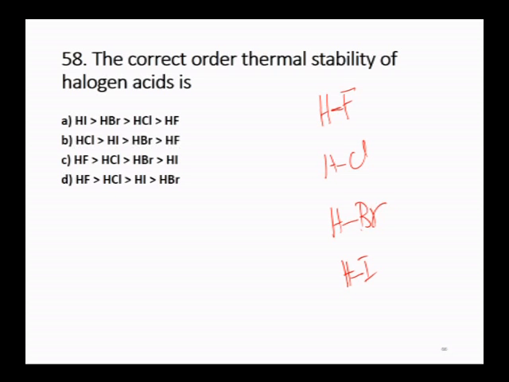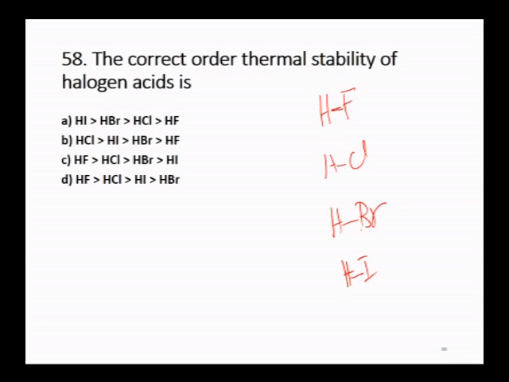The first option starts with HI, a weak bond, so option A is wrong. In the second option, HCl is also weak, so that answer is also not suitable. In the third option, HF, HCl, HBr, HI order is correct.